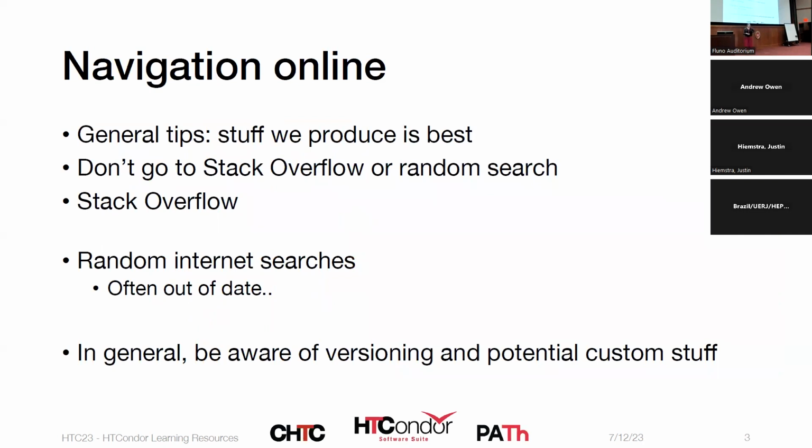So in general, the stuff we produce is the best because it's likely to be more up to date. Stack Overflow and random searches sometimes have useful tips, but again, are more likely to be out of date or potentially a kludge that's not the best way to do something.